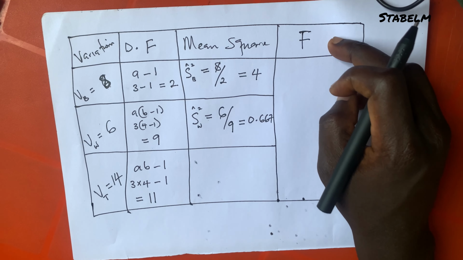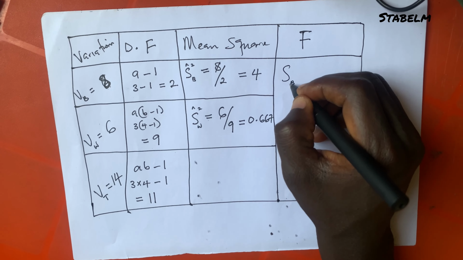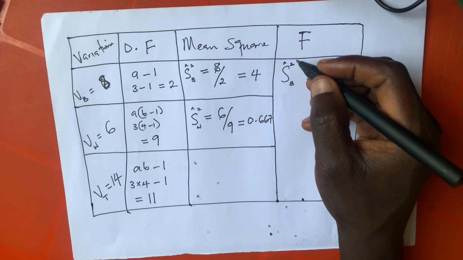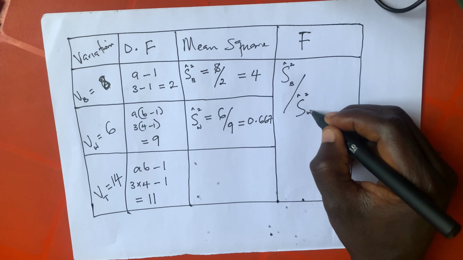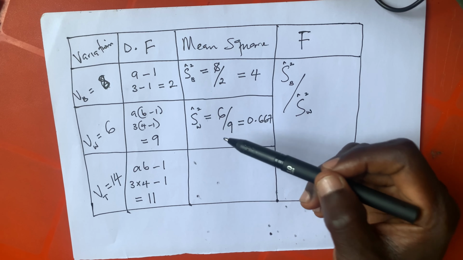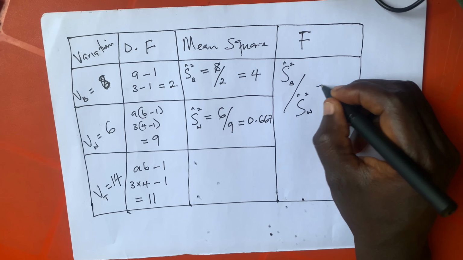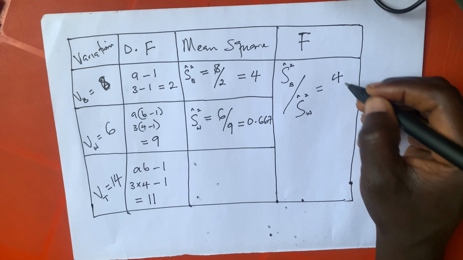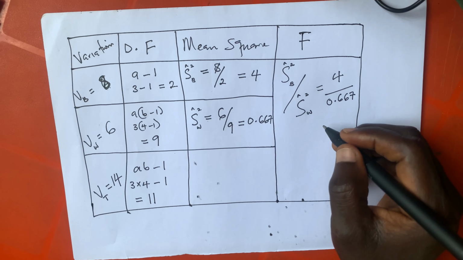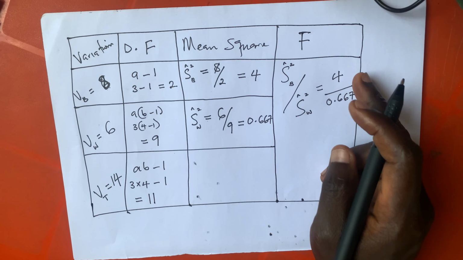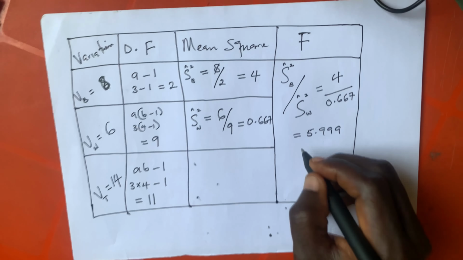Now for the F calculated, we say mean square for between variation divided by mean square for within variation, that is this box divided by this box, is what will definitely give us the F calculated. So what does this mean? This is a 4 divided by 0.667. So if you divide this and approximate it, definitely it's going to give us 5.999 approximately.